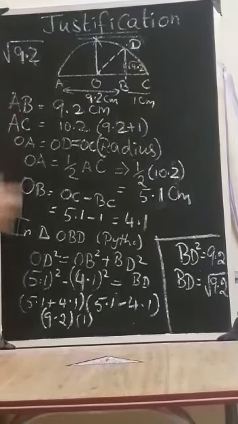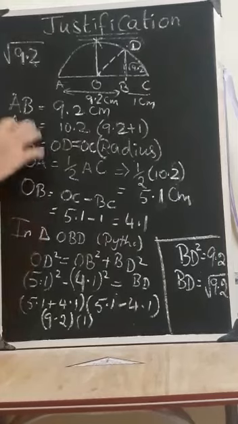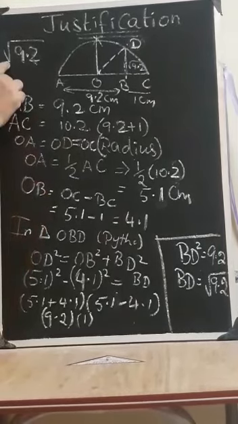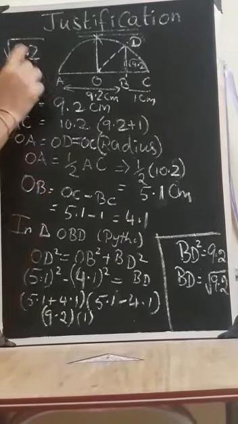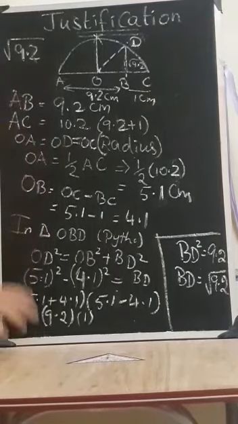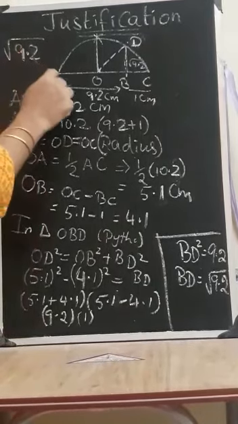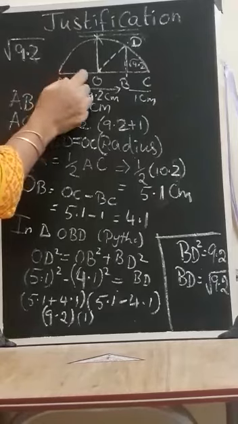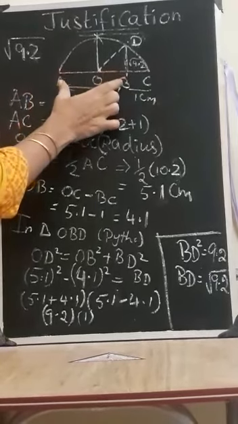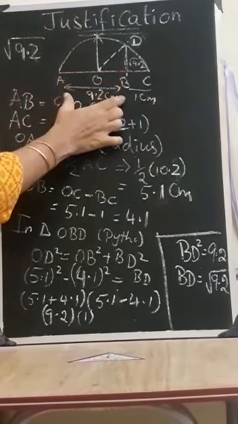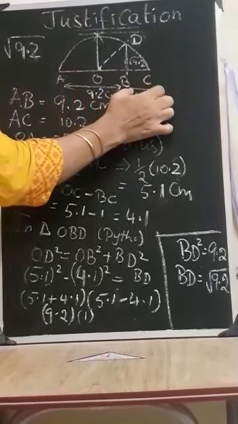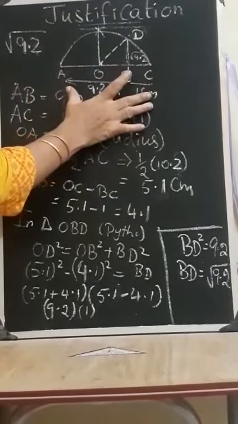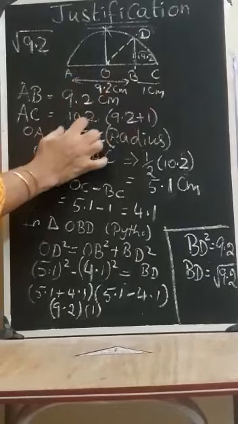Now see, I have written clearly on the board. Just follow my instruction. Root 9.2, right? I am going to give only the justification. First we need to draw a line AB of 9.2 centimeter. Take 1 centimeter, then AC will be 10.2 centimeter.